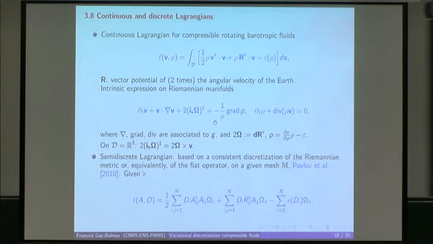Applying Hamilton's principle or Euler-Poincaré principle for this Lagrangian, I get these equations. So you recognize the one I had in the first slide without the gravitation, and this is an abstract form of the omega cross V term that arises from the rotation of the Earth.